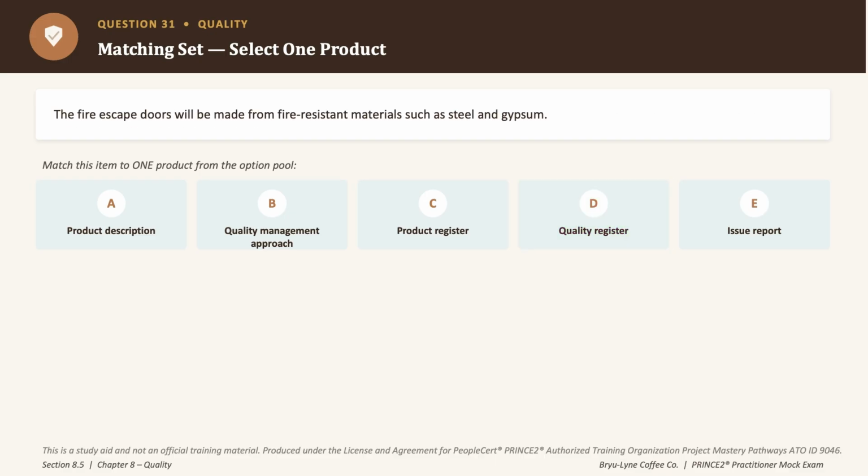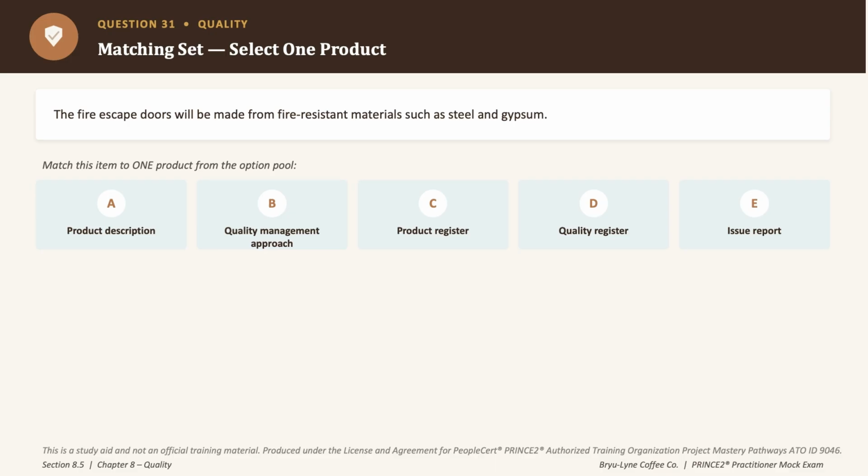Next, question number 31. So the fire escape doors will be made from fire resistant materials such as steel and gypsum. Now the question is, which management product will this be a part of? Okay. Now, this is a statement about what the product is made of, okay, which is exactly what the product description's composition heading covers, okay, which are a list of the product components or parts and the specifications for each one of them.